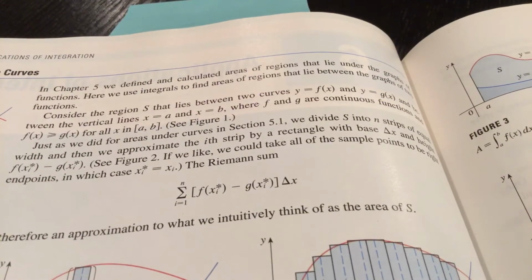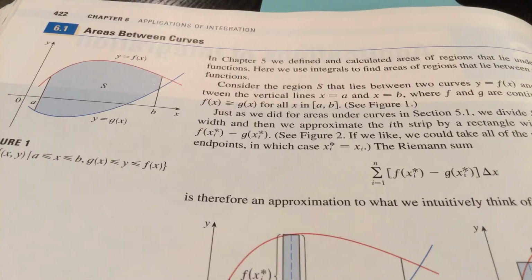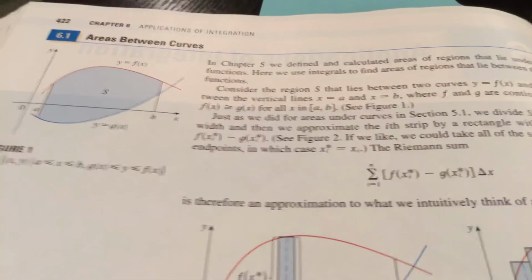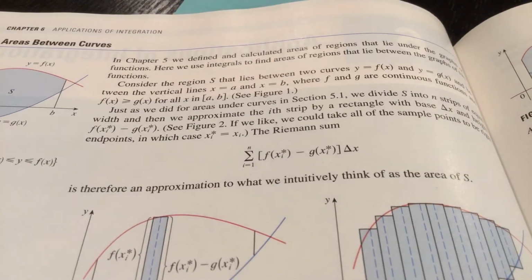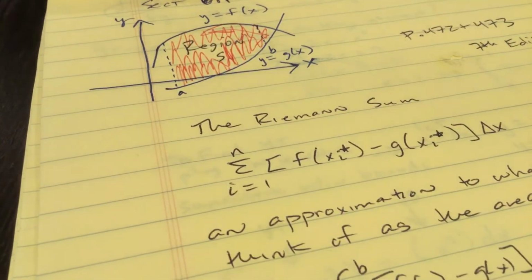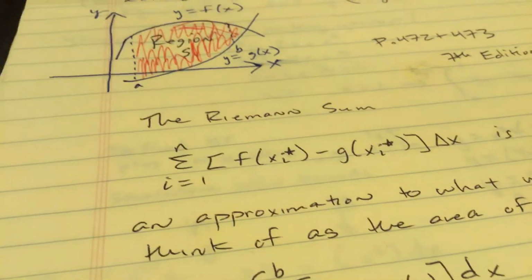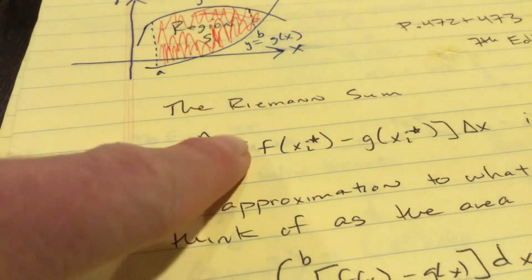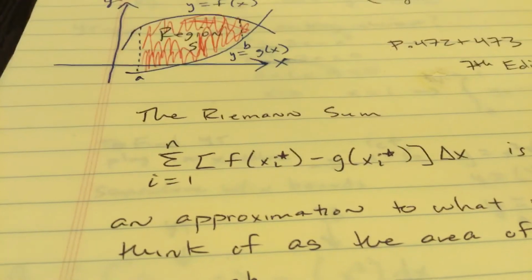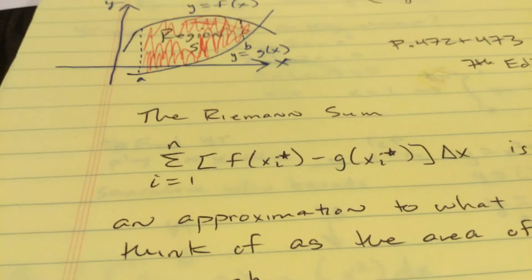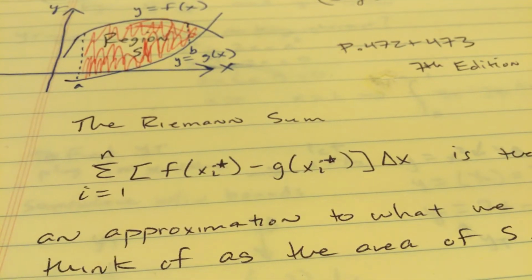If we like, we could take all the sample points to be right endpoints, in which case we have the Riemann sum right there. So write this down, the Riemann sum, the sum from i equals 1 to n, f of x sub i star, minus g of x sub i star, times delta x.